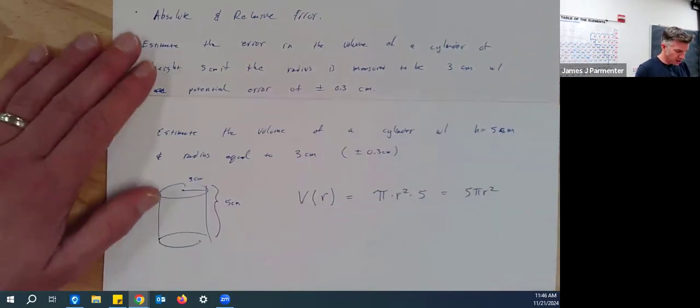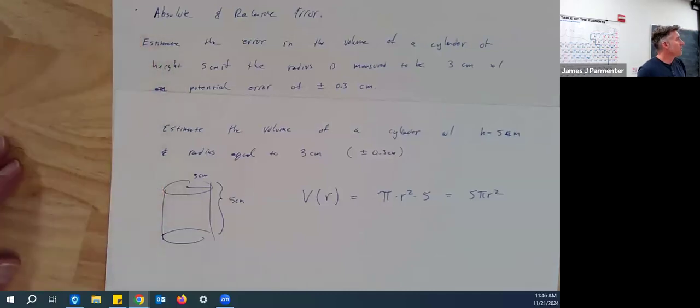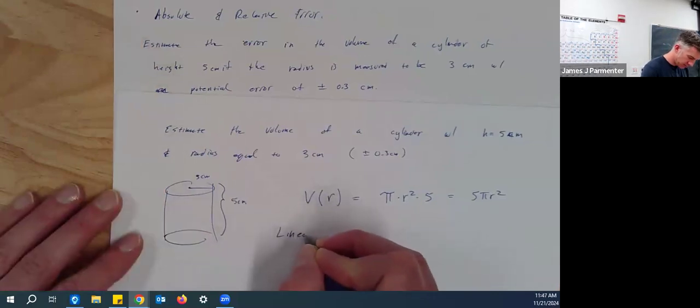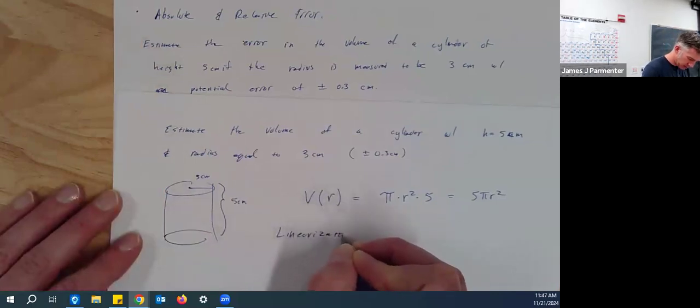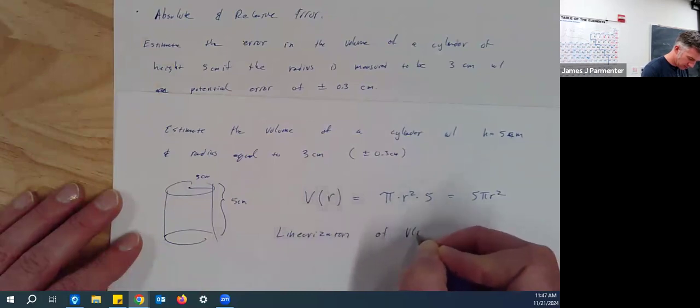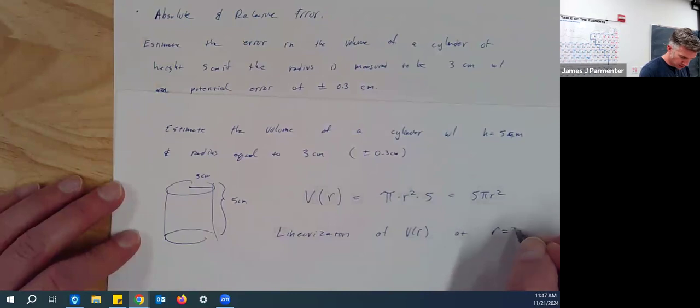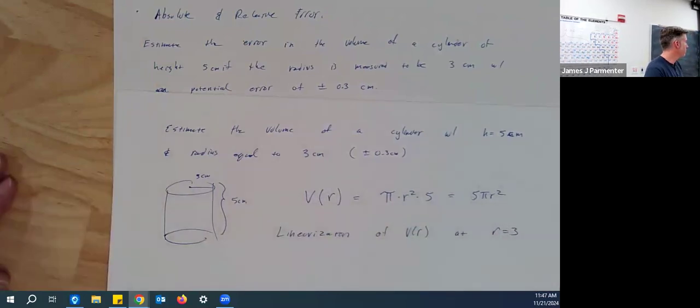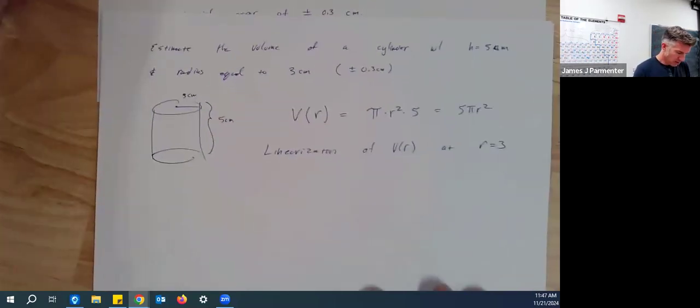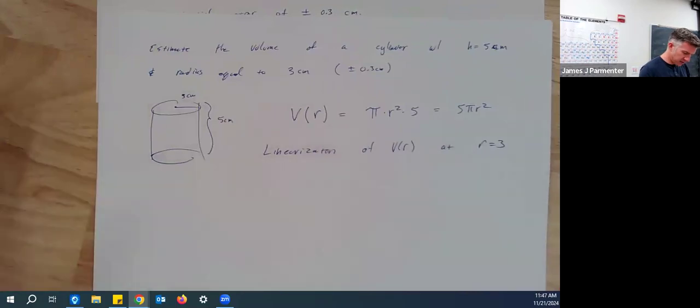And then what I'm going to do is try to get a linearization for this function at a radius of 3 inches, because that's the nice value I have. Then we're going to say, great, we know how to do this linearization thing.